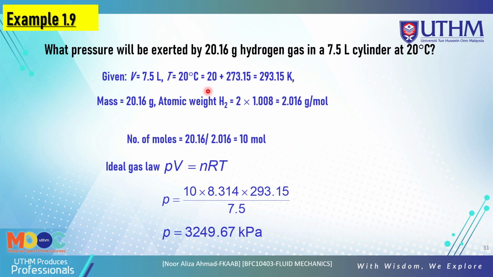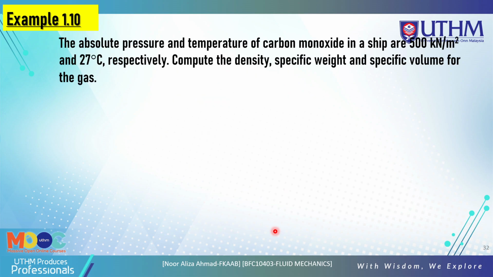This is based on the pressure, using the previous equation of the ideal gas law. So you just put all the values here, the temperature, the liter volume, and the pressure. So you get the value here. So this is for example 1.9.